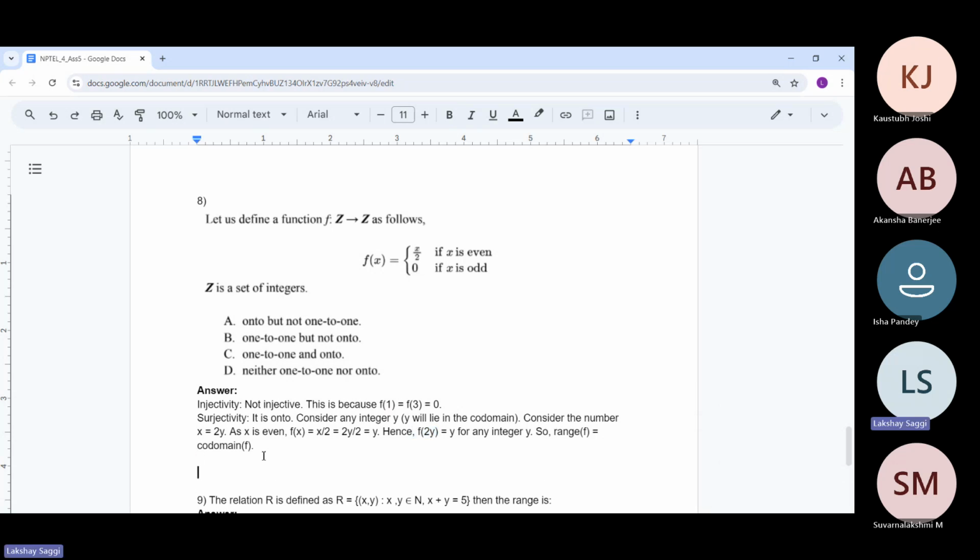Okay, so we get that this f is not one-one but it is onto. So onto but not one-one. So option A is correct. Hence option A is correct.